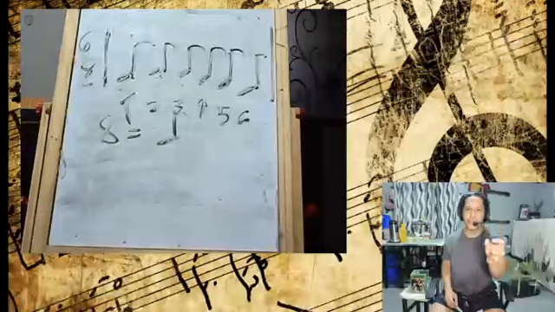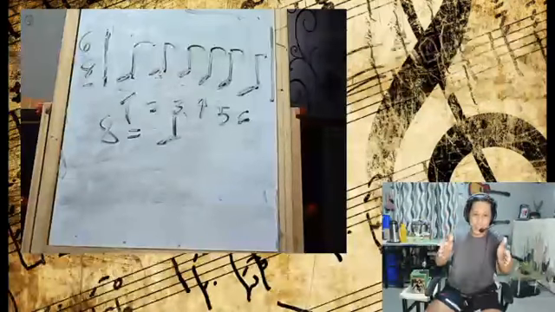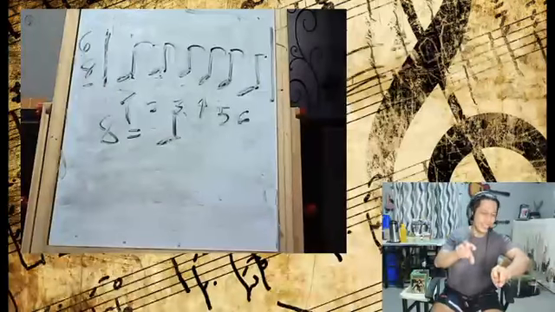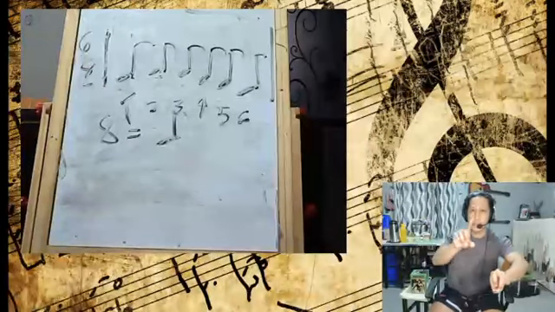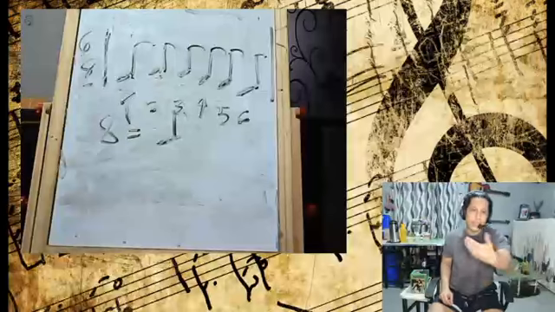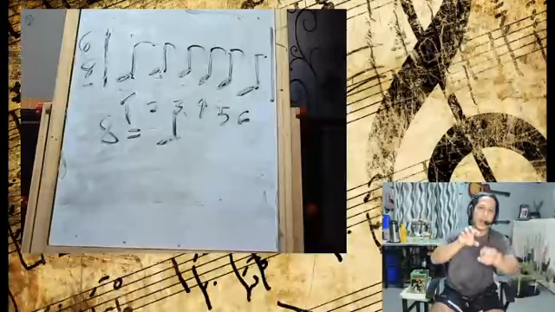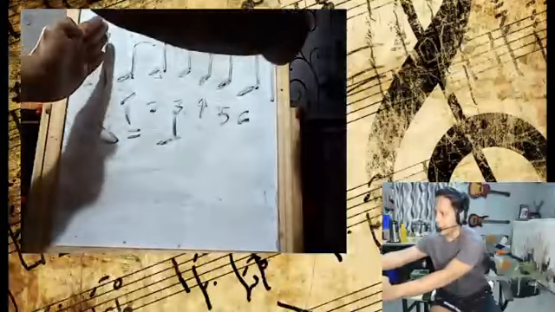The numerator is how many counts each measure has, while the denominator is the note that receives one count in that measure. The measure is a room where the notes are, walled or separated by a bar line.